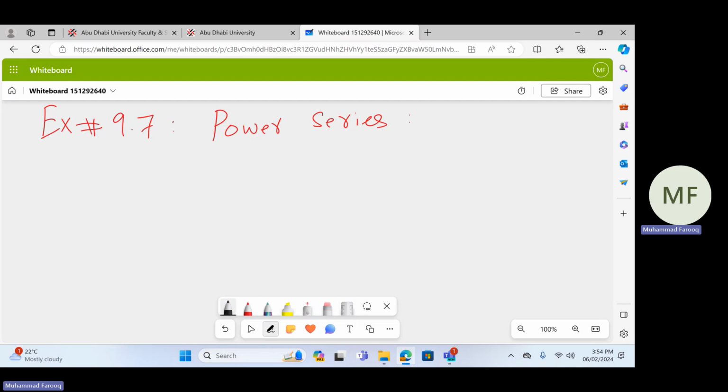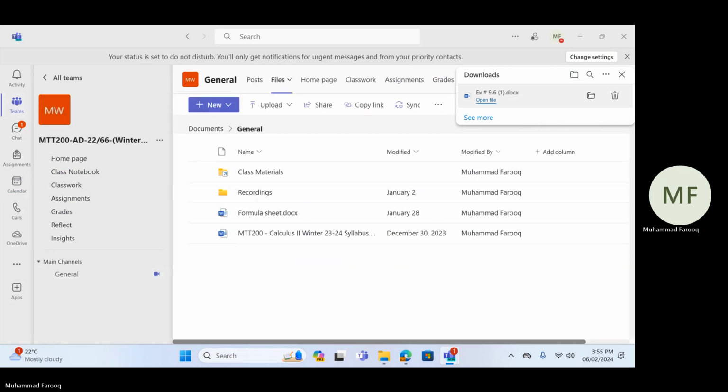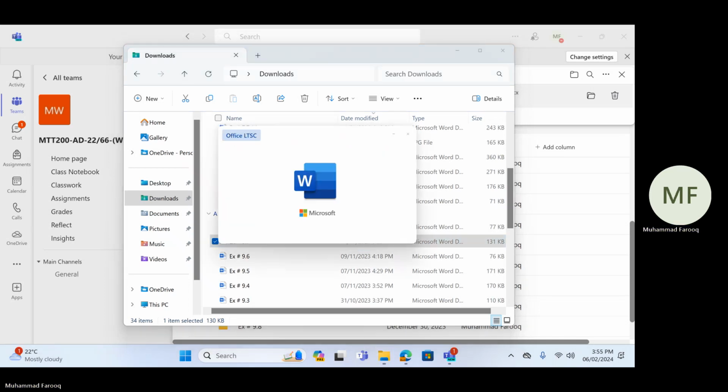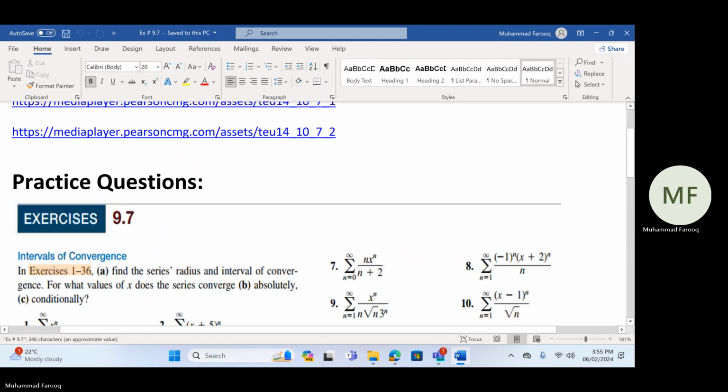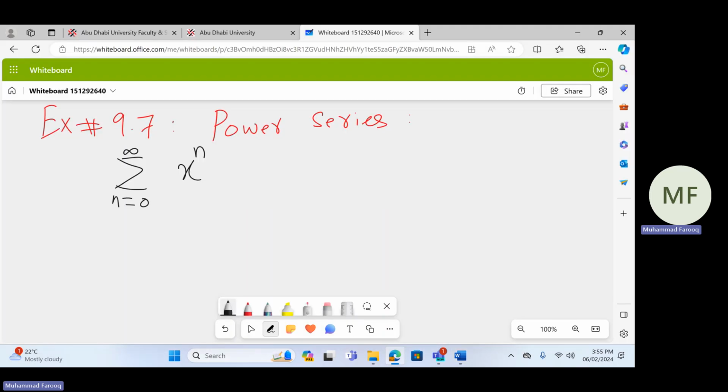Power series may be like that: sigma n equals zero to infinity, for example, x raised to power n.